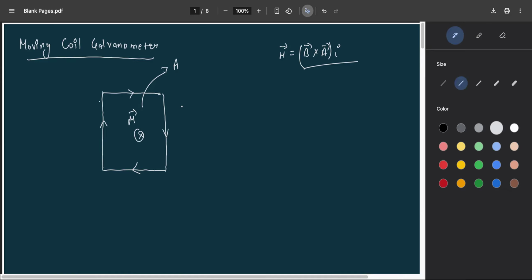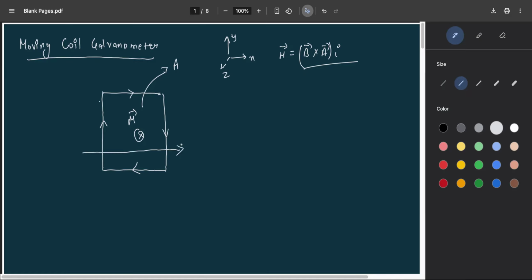Now what can actually happen? I'll say this is the X axis, this is the Y axis, and this coming outside is Z. That's what we are going to take as a convention. Now assume there is a magnetic field in this direction, from here to here.